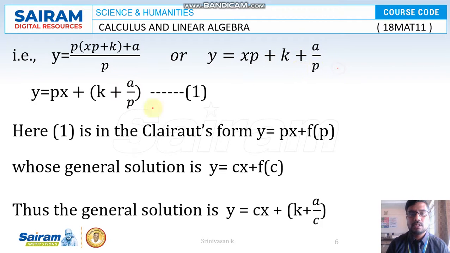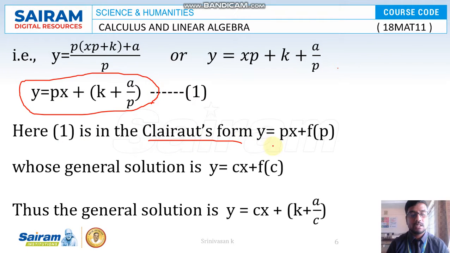So the equation is of the form y = px + k + a/p. Definitely this is Clairaut's form, so equation 1 is Clairaut's form.